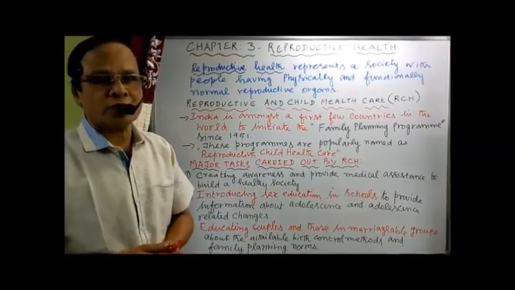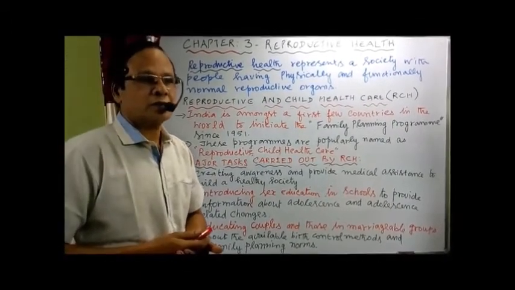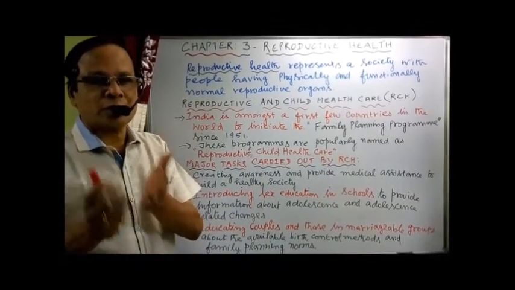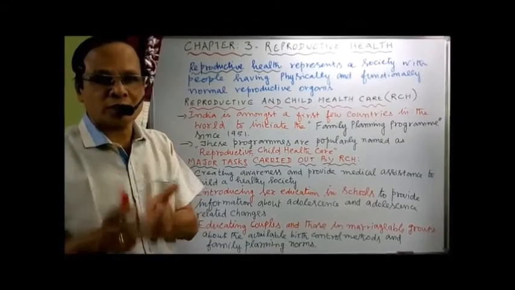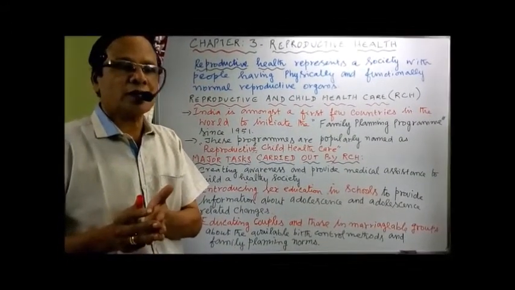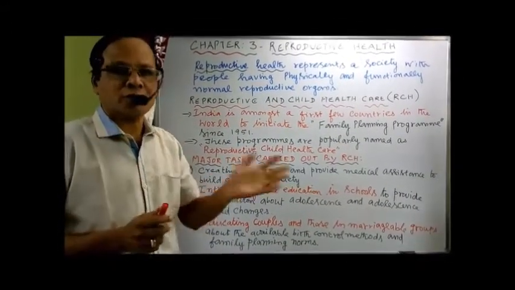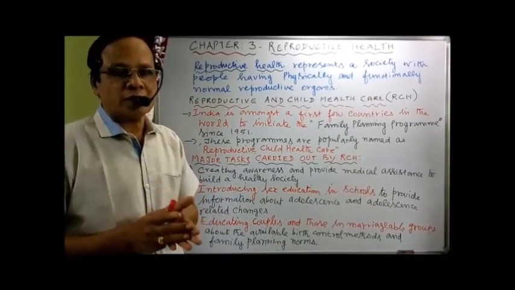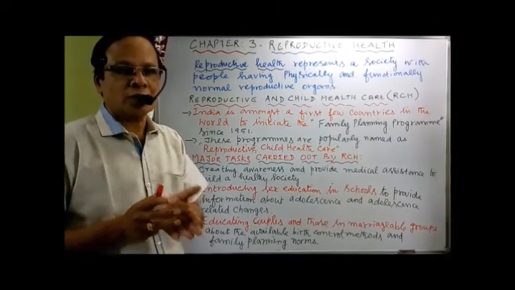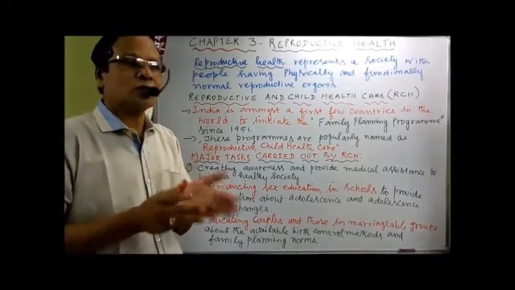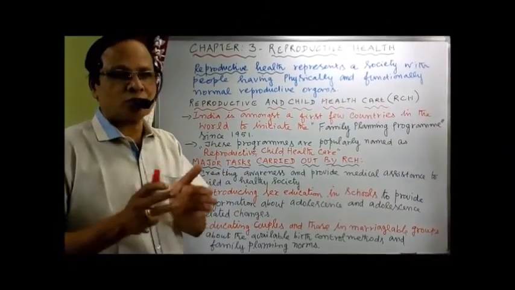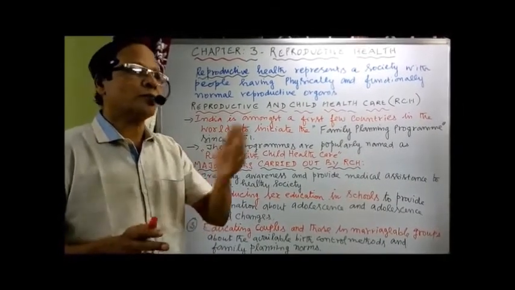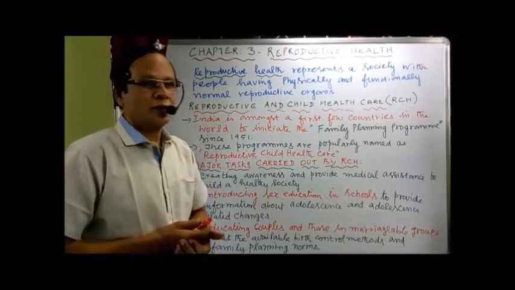And the 4th one, creating awareness about the care for the pregnant mother, the postnatal mother, that is after birth, postnatal care for mother and child, and the importance of breastfeeding.